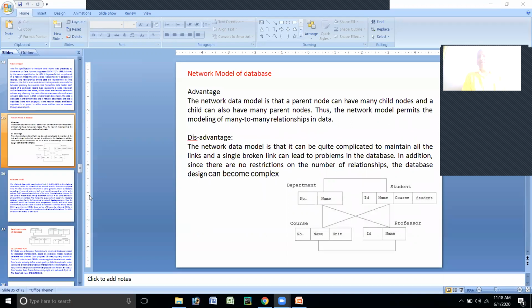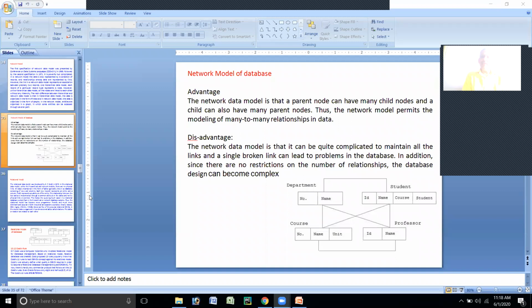In the hierarchical model we used only one-to-one and one-to-many relationships. But in the network database model, we use many-to-many relationships.